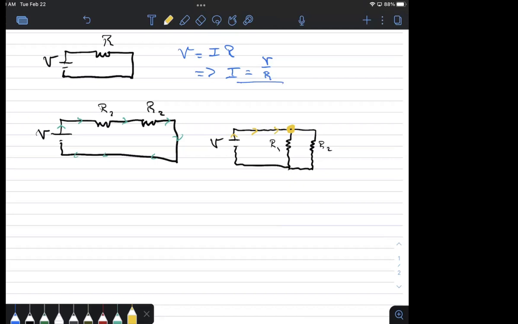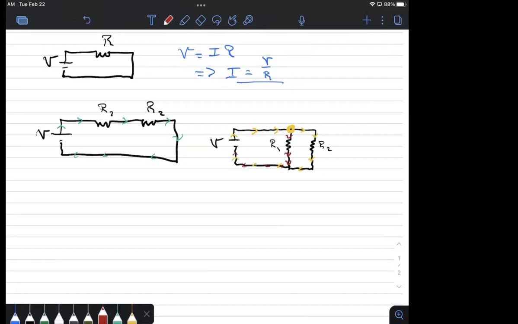I could either have it continue along and hit R2 and then come out and continue along back to the beginning, or it could diverge downwards to R1 and go through R1 instead, and then continue along back to the beginning.